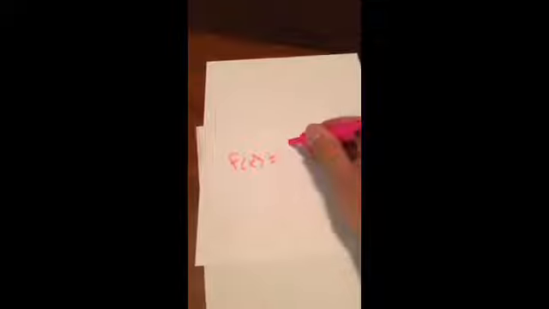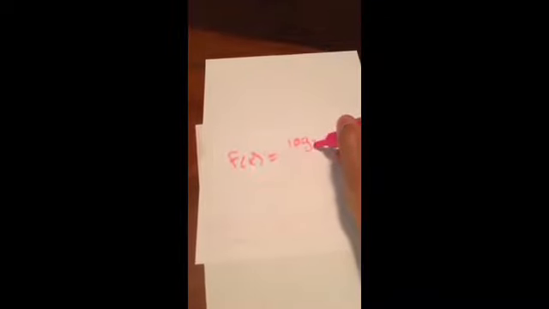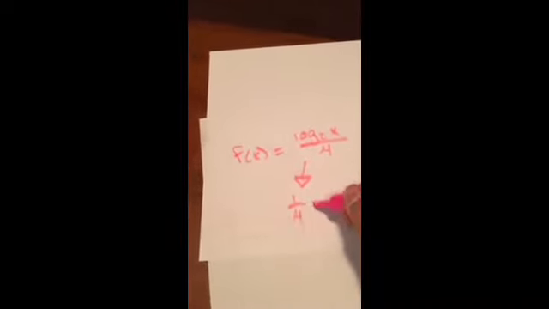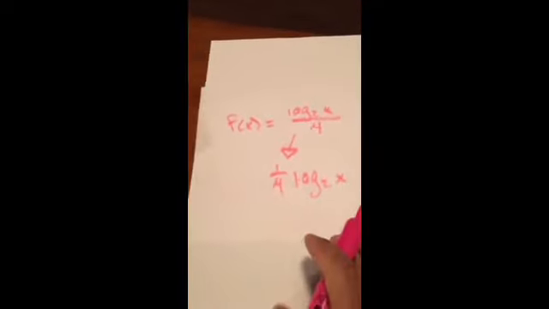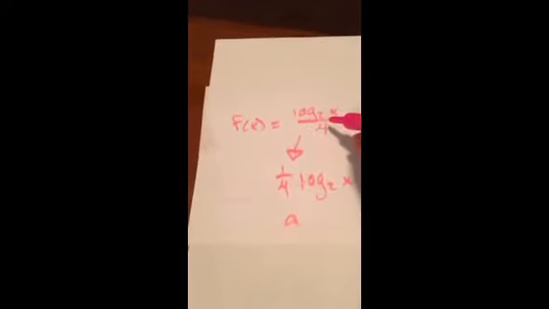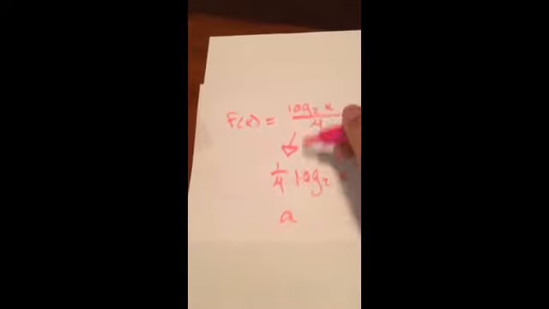So if I get something that tells me over a number, remember that this piece right here is mathematically equivalent to 1/4 times the log base 2 of x. So that means my a value on this one and this one are mathematically equivalent.